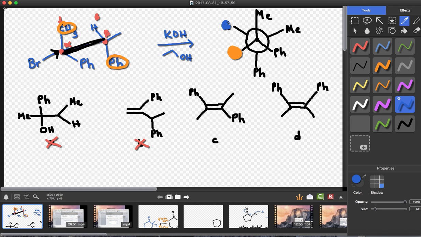In order for this to occur, I'm going to hold the front carbon steady and I'm going to rotate the back carbon by 120 degrees clockwise.